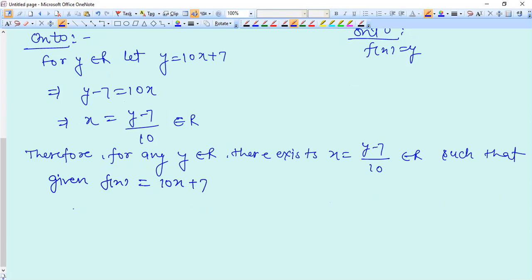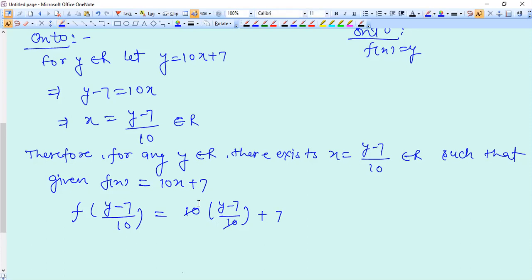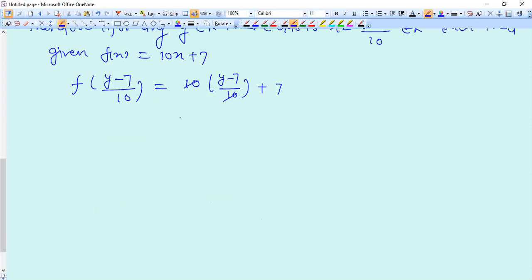Now we put x as (y minus 7) upon 10, so we get 10 into (y minus 7) upon 10 plus 7. 10 cancels by 10, now y minus 7 plus 7, so we get f(x) is equal to y.